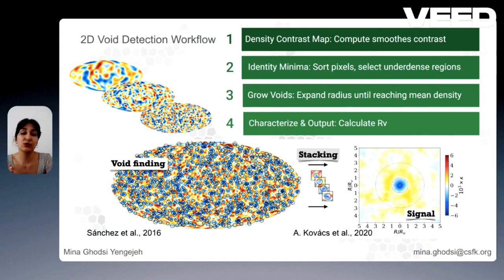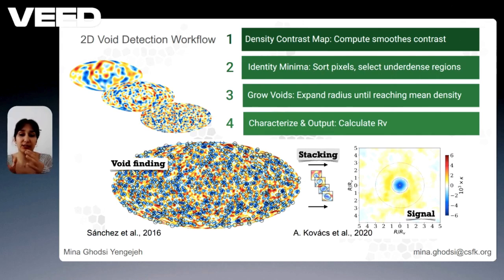How this 2D void finder works is that first of all we create a density contrast map from each of these slices. Then we smooth it a little bit, because ISW has big features, and then we sort all the pixels and start from the smallest value.